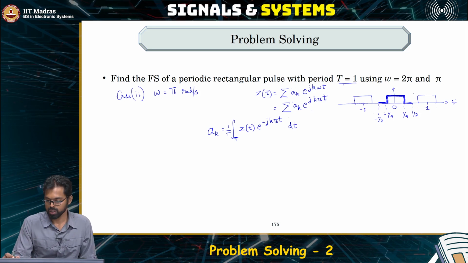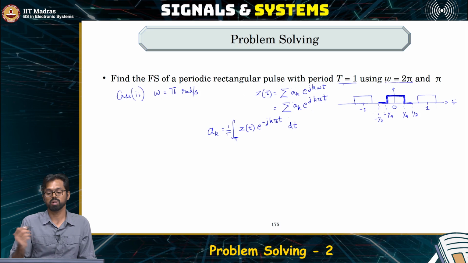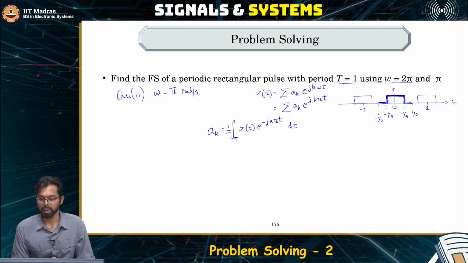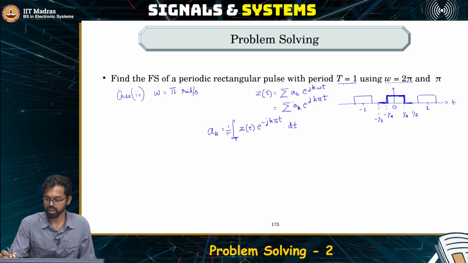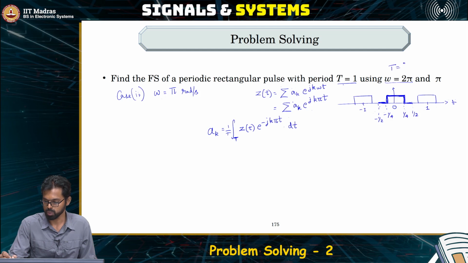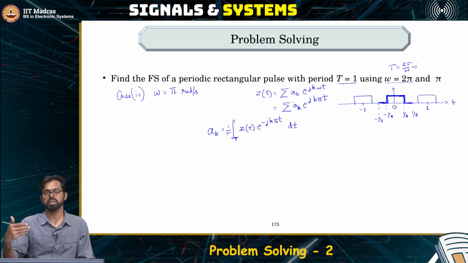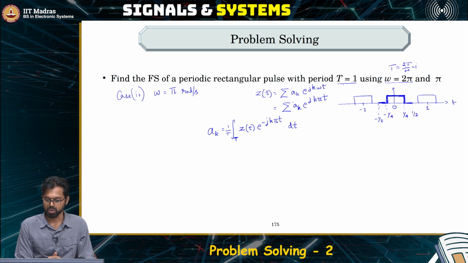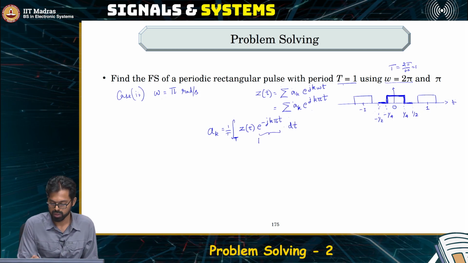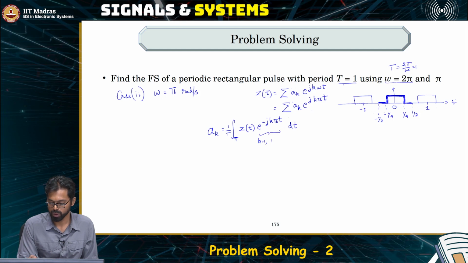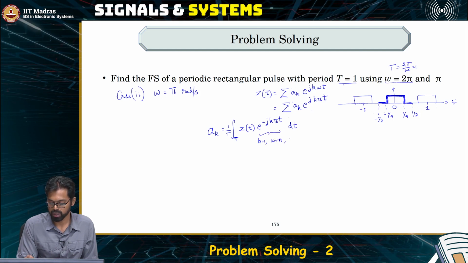But in this case, the fundamental frequency was omega equals 2 pi. And what is the corresponding period? The corresponding period was 2 pi by omega, which is equal to 1. That was the fundamental period of the rectangular pulse that was given to us here. So when you put k equal to 1, you get omega equal to pi. What is the corresponding period?